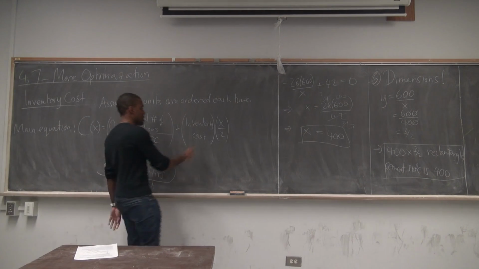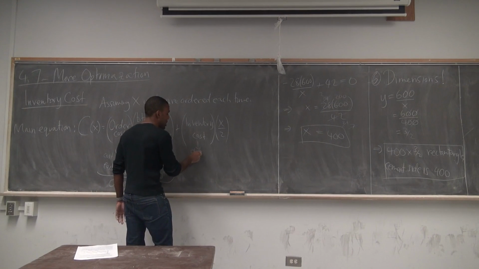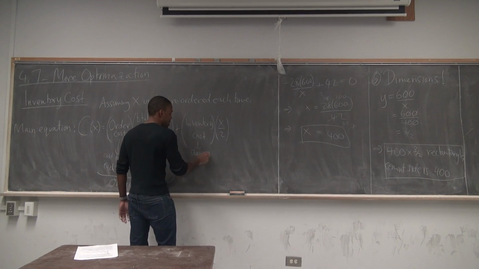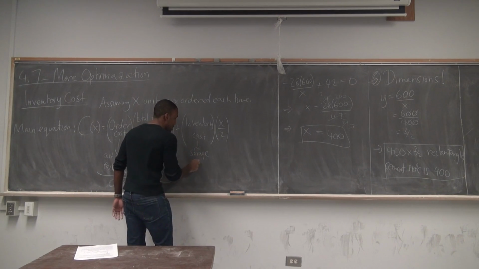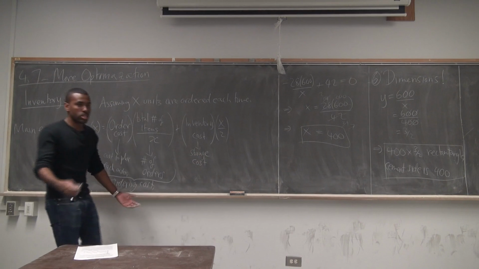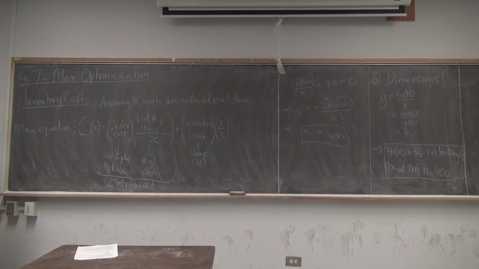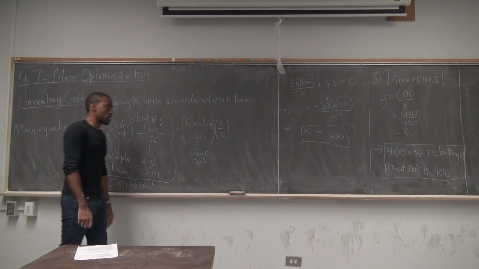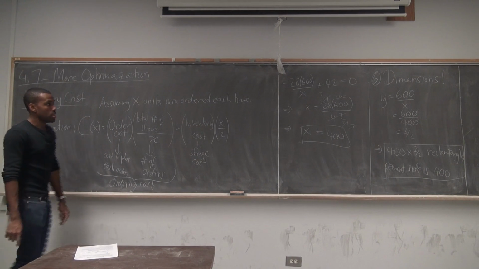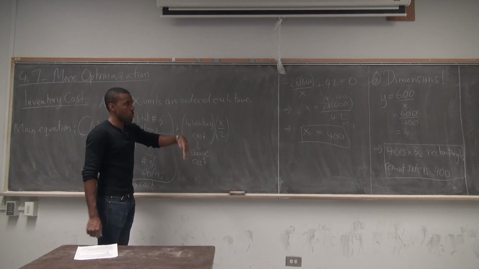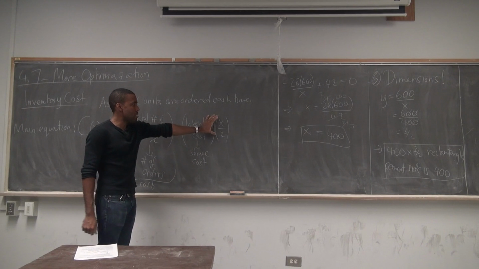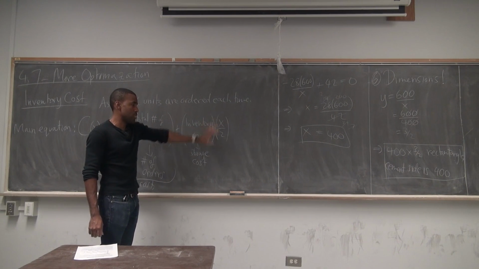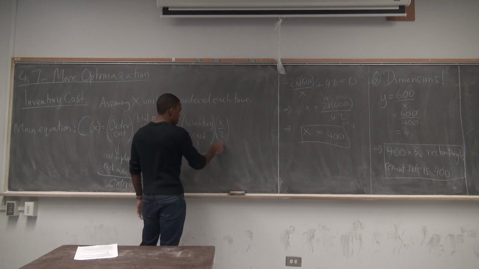Then inventory cost here basically means storage cost, how much you're paying to store this thing. Rent, salaries for security guards, and all that stuff goes into your inventory cost. Because things are running out while you're selling them and you're reordering, the average amount you have in storage at any given time is going to be X over 2.